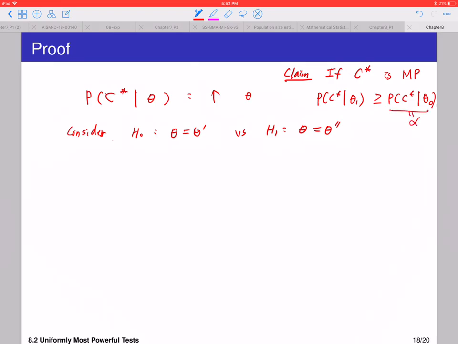So basically we want to show that zeta prime is greater than zeta prime.